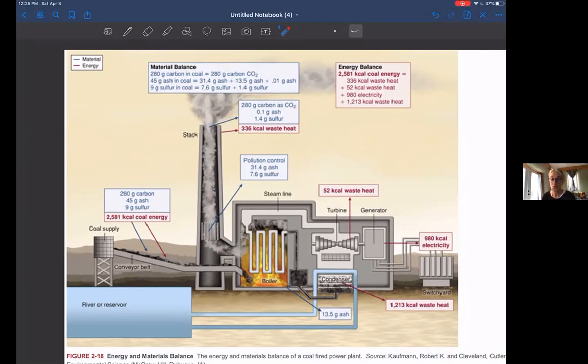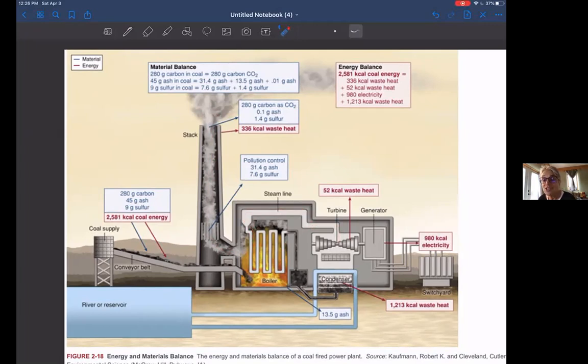So this would be a mechanism of getting more. We're burning fossil fuels, so we're producing more carbon dioxide for greenhouse gases. We also see that steam then turns a turbine.